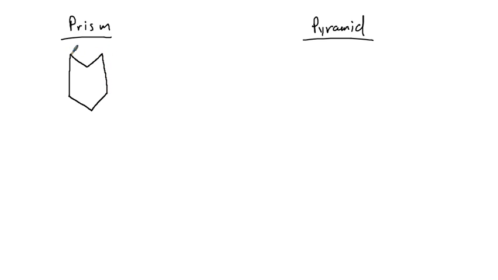So take your time, and if you have to pause it to get your pictures right, that's fine. Go ahead and pause it. Okay, so my picture is not great, but here is a prism. And now over here we're going to draw a pyramid. A pyramid is a little bit harder to draw, but we're going to do it anyways.